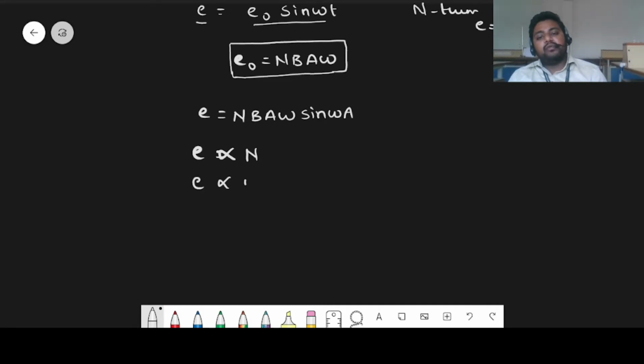E is directly proportional to the magnetic field, to the area of cross section, and moreover to omega also. So if the magnetic field and everything else is constant, E is directly proportional to N, where N is the number of turns.